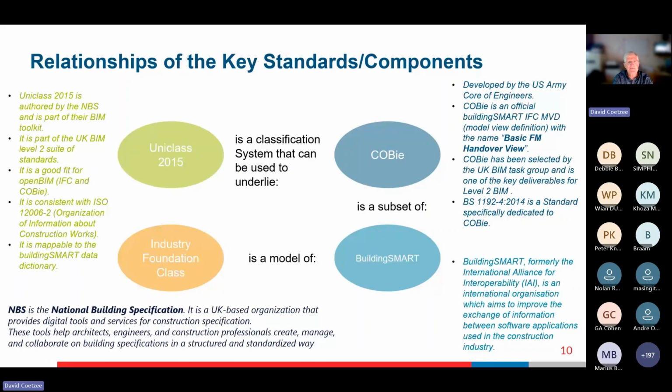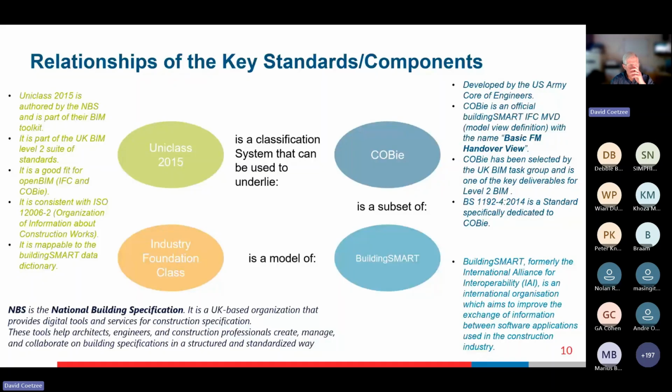And COBie is a subset of buildingSMART, and buildingSMART is formerly the International Alliance for Interoperability, an international organization which aims to improve the exchange of information between software applications used in the construction and facility management industry. Uniclass is developed by the NBS, and if you're not familiar with them, if you haven't seen them, I suggest, if it's of interest to you, that you go and have a look.